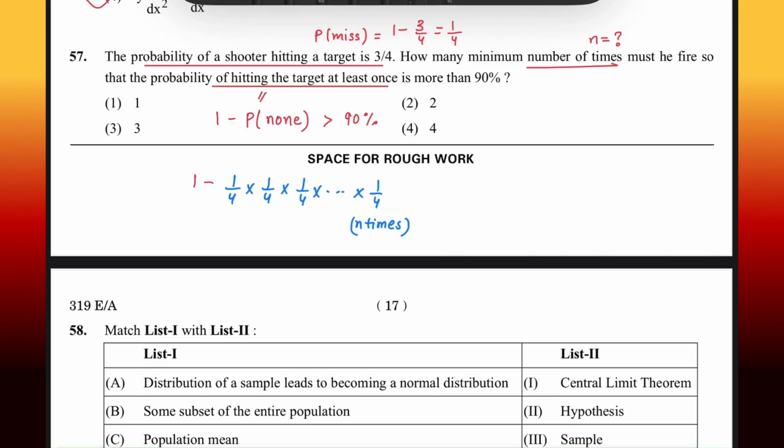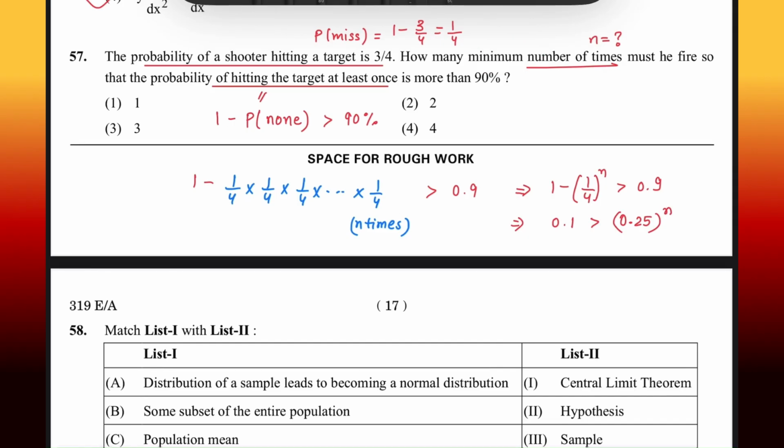And this is greater than 0.9. 90% is 0.9. So that means 1 minus (1 by 4) to the power n is greater than 0.9. That means 1 minus 0.9, that is 0.1, is greater than 1 by 4, or you can write 0.25, to the power n. Now he is asking what is the minimum number. So we need n to be smallest.